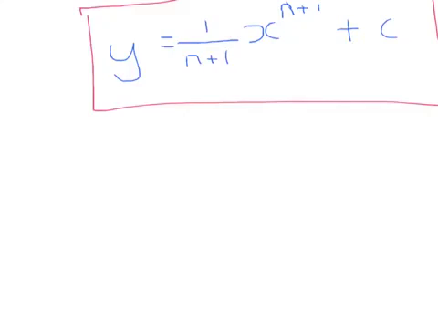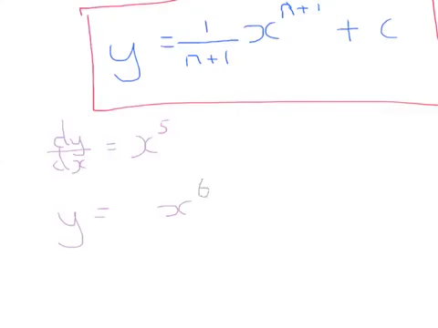Okay, so let's integrate the differential function. We might have dy by dx equals x to the 5. Let's apply our formula that we've just shown. So y will have to equal, first thing I'll think about is that index number, which is 5. It's got to go up 1, so it's going to go up from 5 to 6.